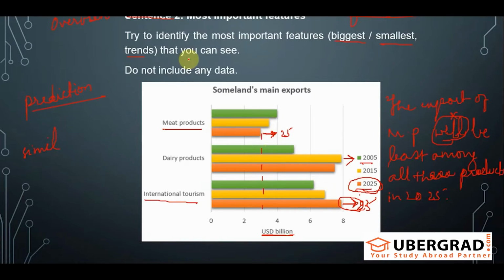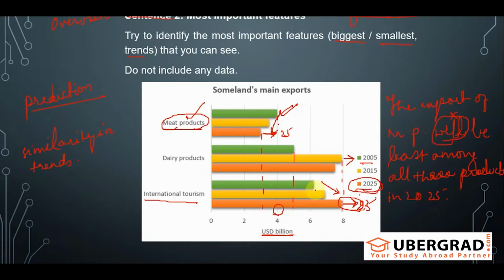Now, how to find similarity in trend is, you have to compare the values of each of these products in respective years. So this was this much, exactly 4, whereas the dairy products in the same year was this much.